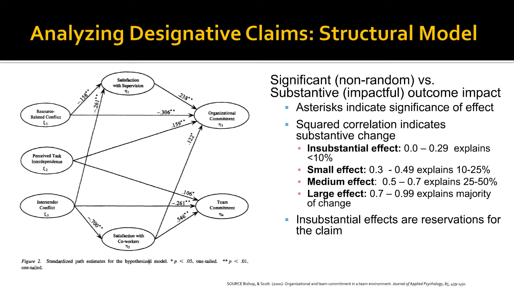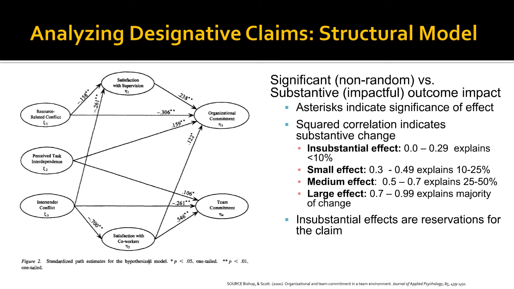In evidence-based analysis, we are mainly interested in impact, not chance. As previously mentioned, impact is determined by squaring the correlation. A squared correlation is an estimate of how substantive that effect will be. As a rule of thumb, we separate the impact into three types. First, effects with correlations between 0.3 and 0.49 are labeled small effects because they explain less than a quarter of the change in the outcome.